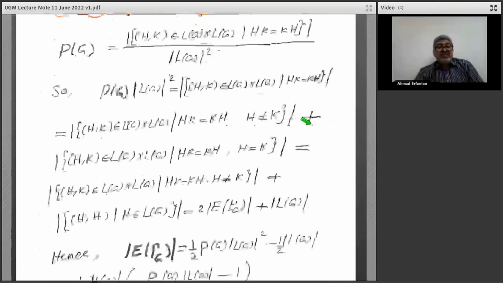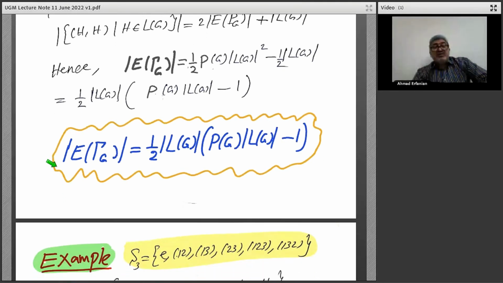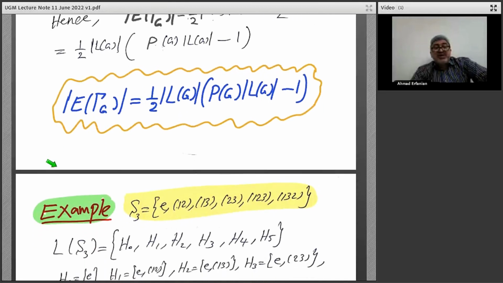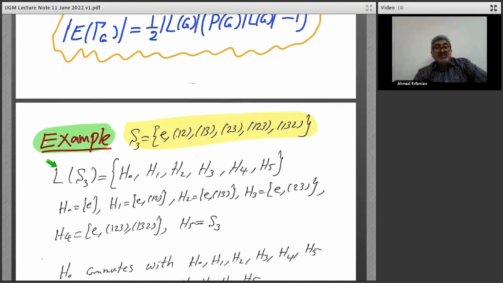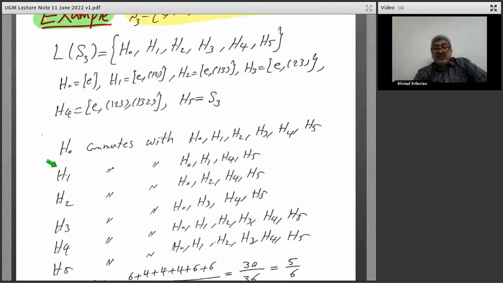There is a relation between the permutability degree and the permutable graph, and this is the relation between the number of edges and the permutability degree. And here is an example.